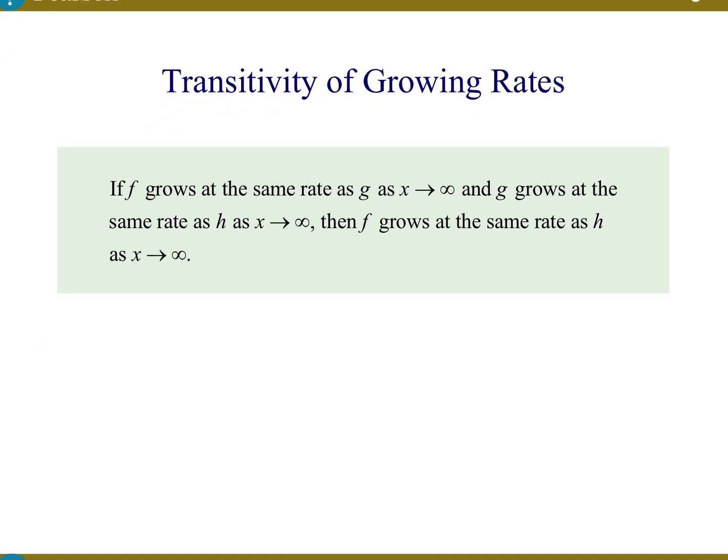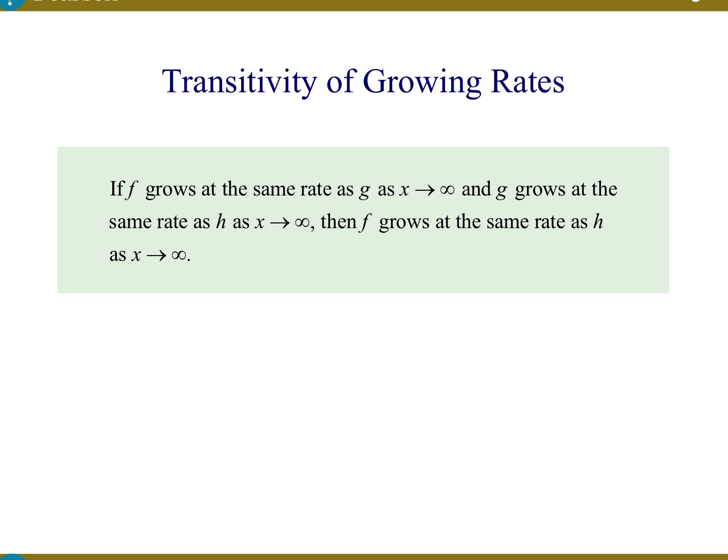Growth rates are transitive. The word transitivity means if a property applies to two out of the 3, and then another property applies to a different 2 out of the 3, that the property would apply to all 3 of them.